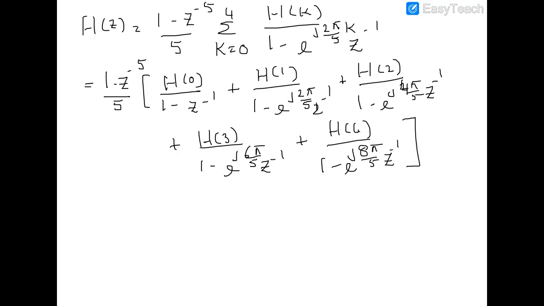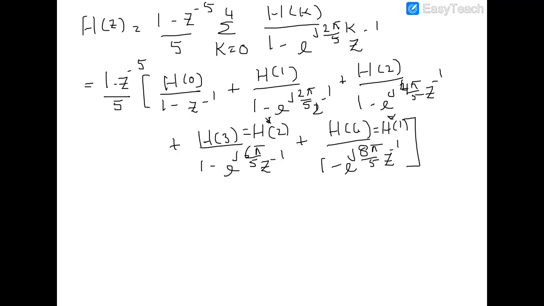And we know that H of 4 is equal to the conjugate of H of 1. We also know that H of 3 is equal to the conjugate of H of 2.